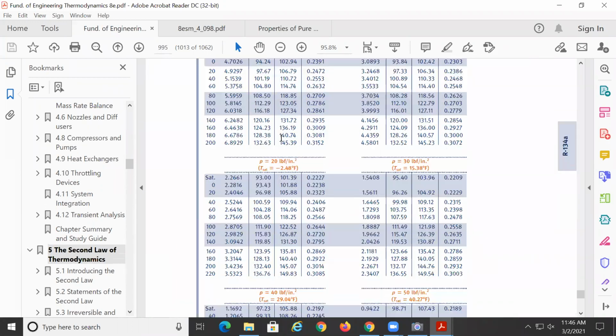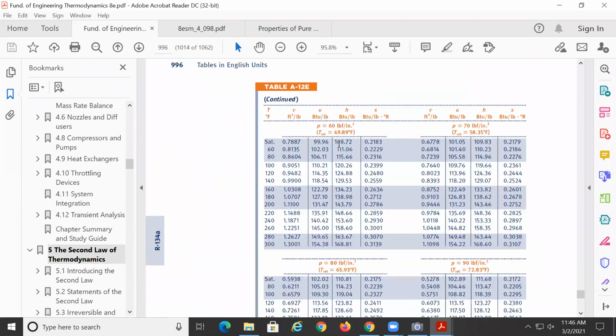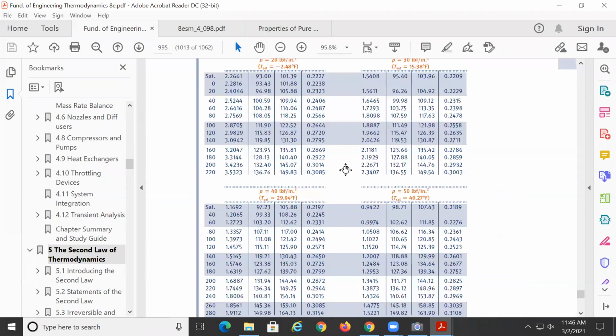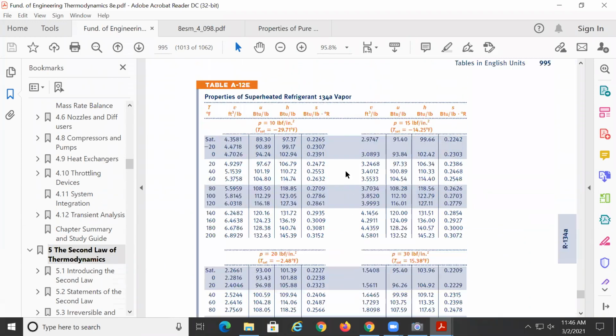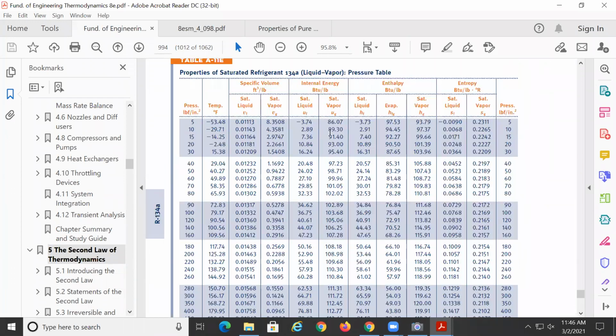And here they had 60. What do they have here for the saturation? H 108.72. Is that the same value we had on the other side? So you can go to either table A12E or 11E. All right. But I think it will make more sense to go to 11E. Table 11E at 60 is 108.72. Okay. That way we double check.